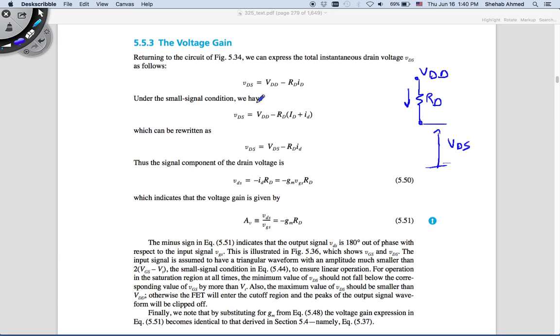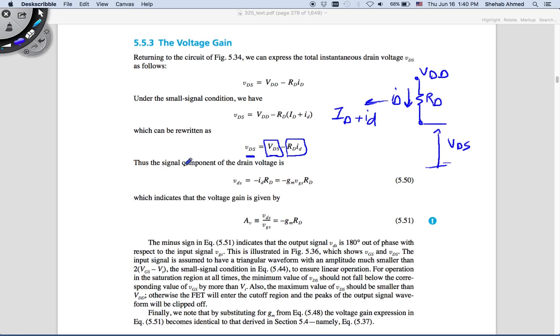Under the small signal condition, this ID, which is the total current, is equal to the DC operating point current, capital letters, plus the small signal current. Which means that my total VDS is equal to my VDS due to my DC operating point minus RD times the small signal ID.